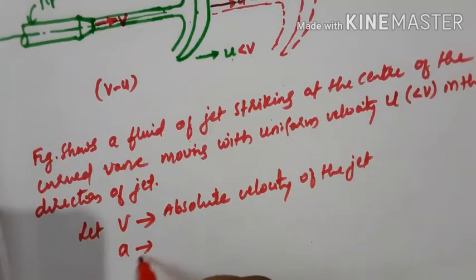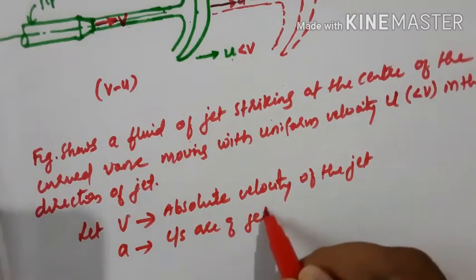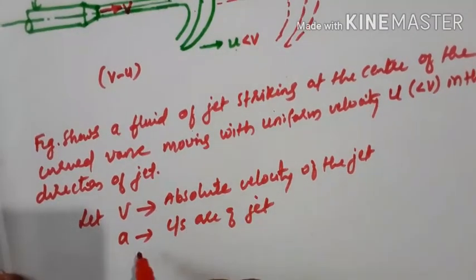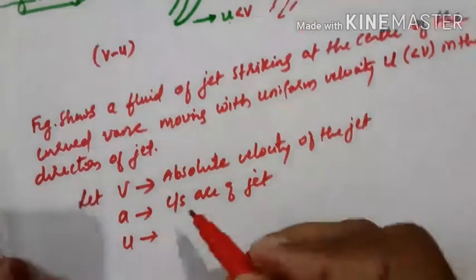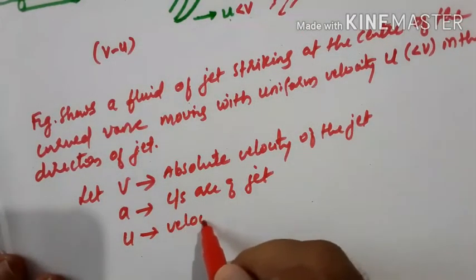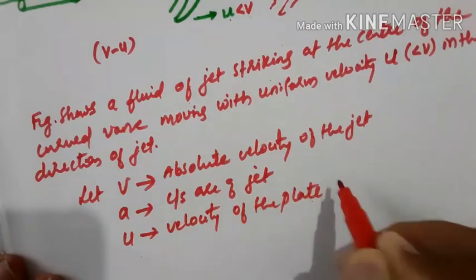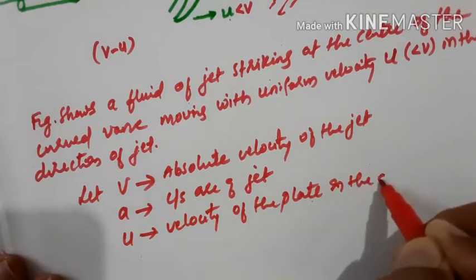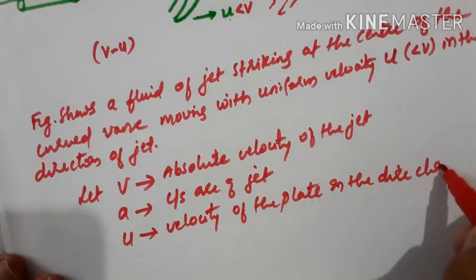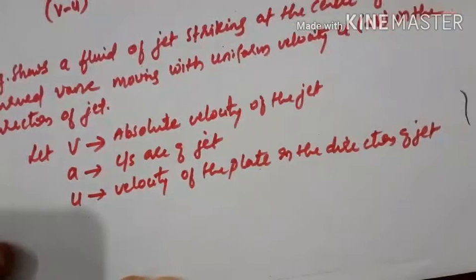then A represents the cross-sectional area of the jet, and u represents the velocity of the plate in the direction of the jet.